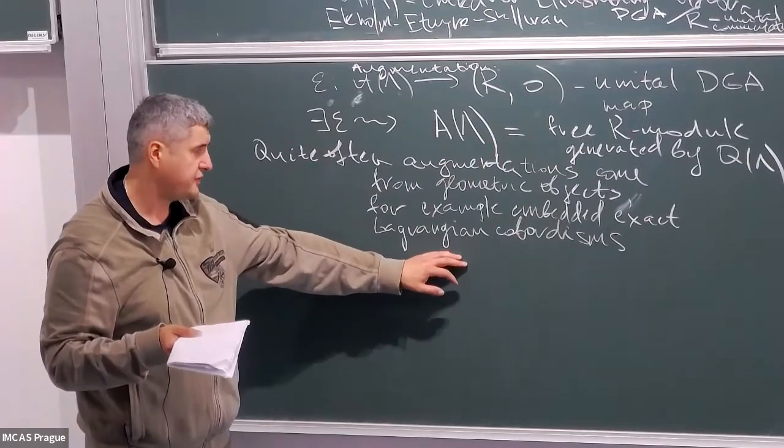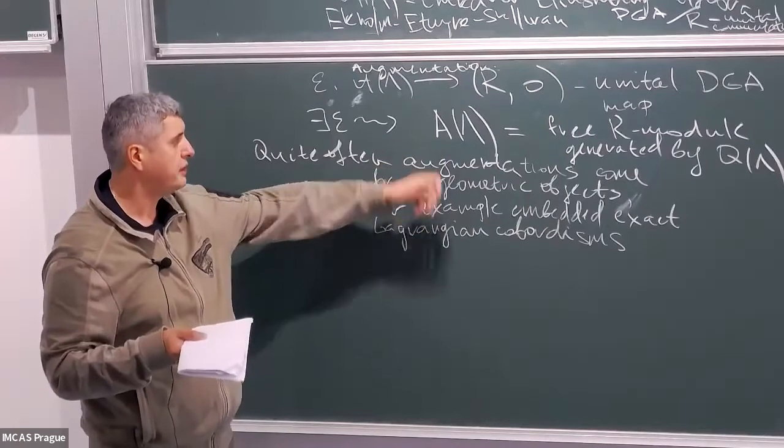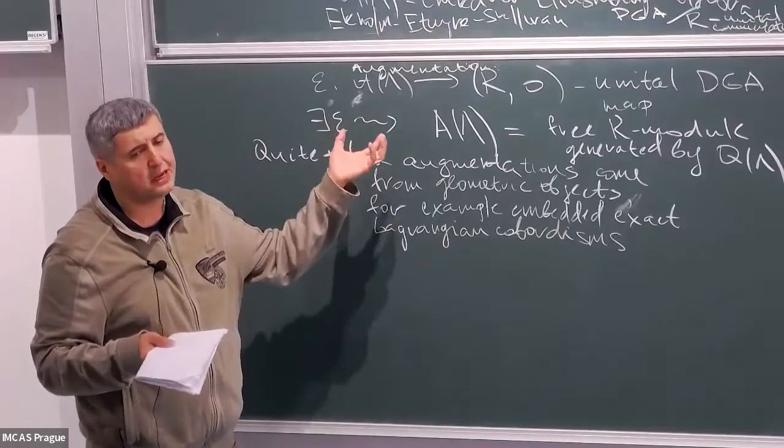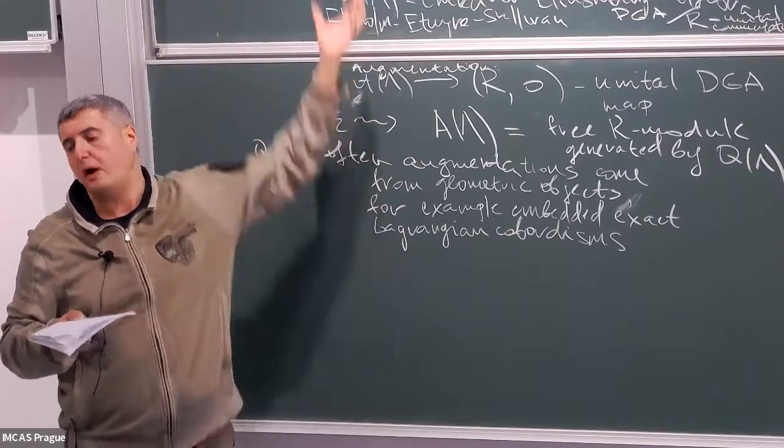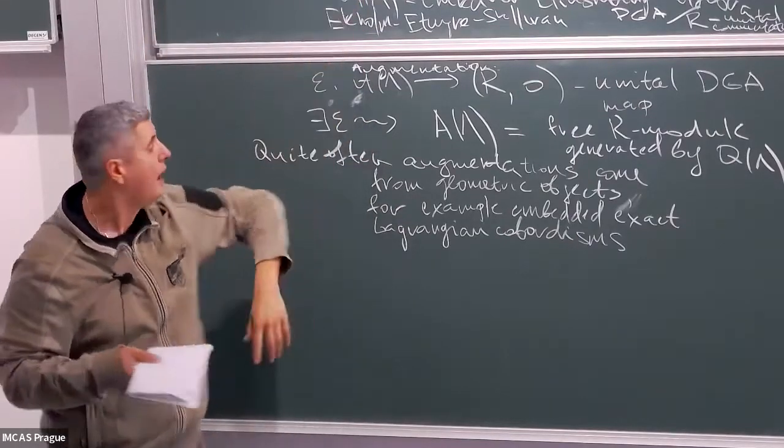I will provide the definition slightly later, but basically you can think about this as a certain Lagrangian living in the original contact manifold times R, which bounds our Legendrian at infinity.